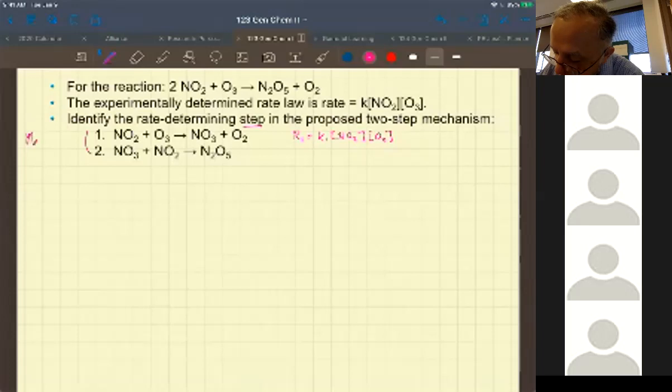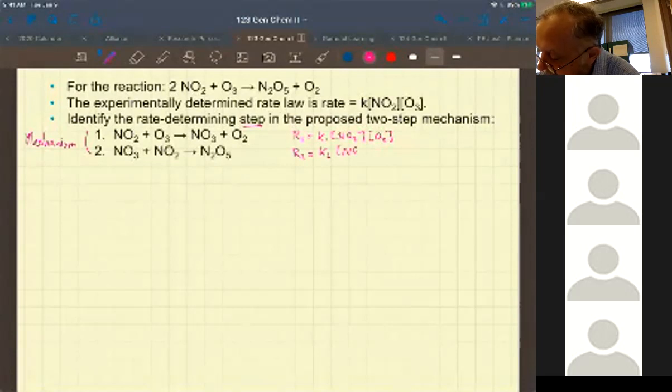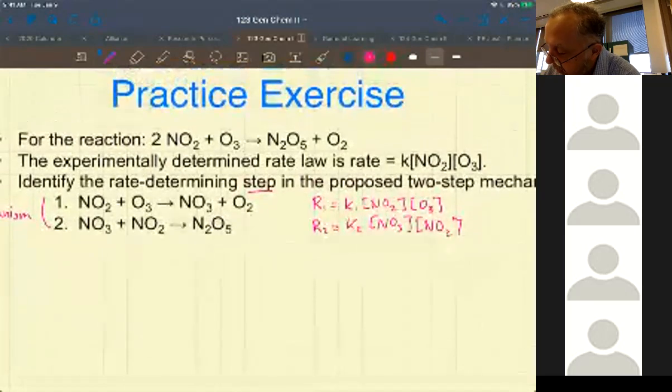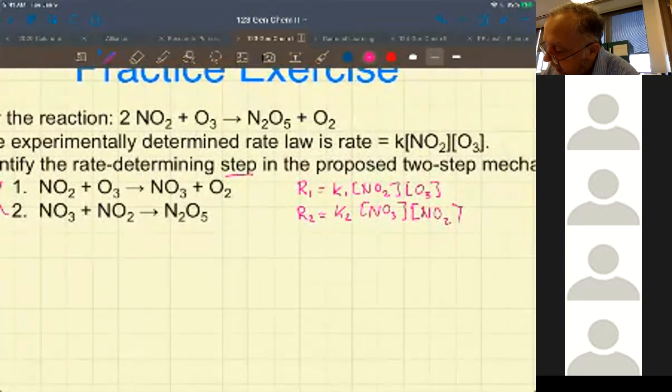There's elementary steps, and therefore I can take from these steps the coefficients to make the exponents. For rate 2, the rate of the second step is going to be k2, concentration of NO3 and concentration of NO2.